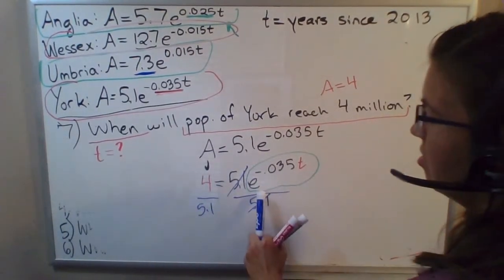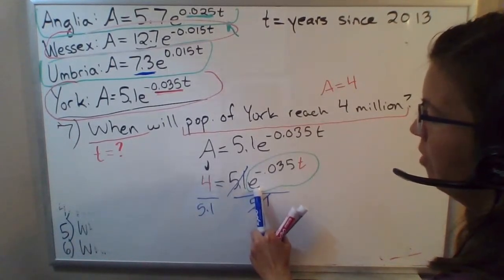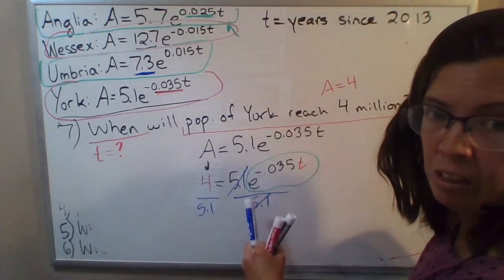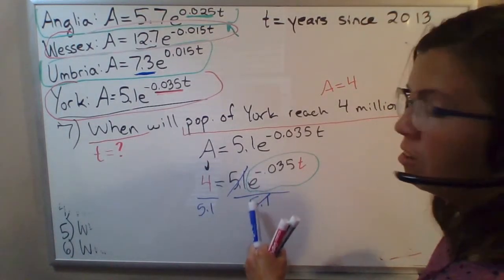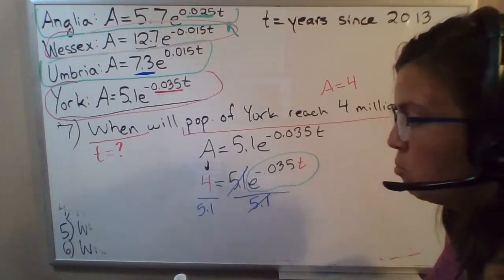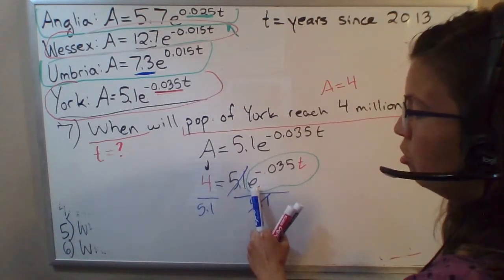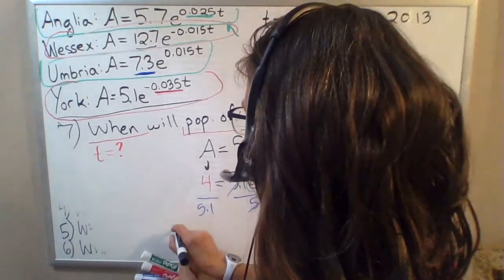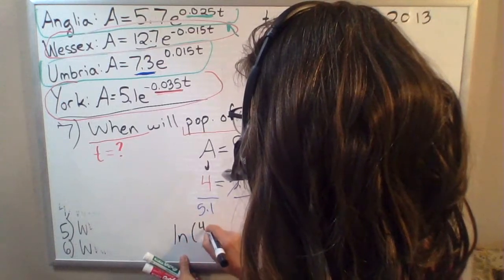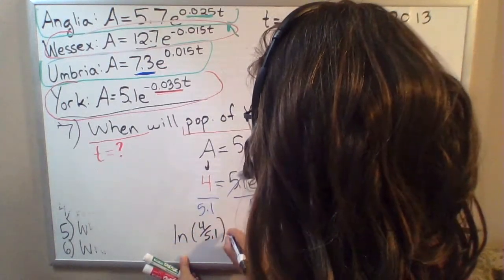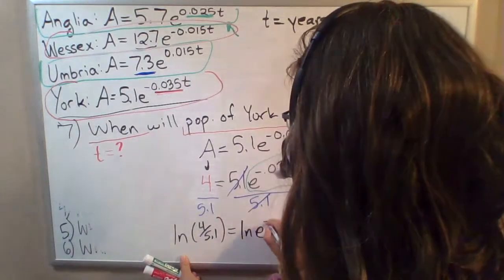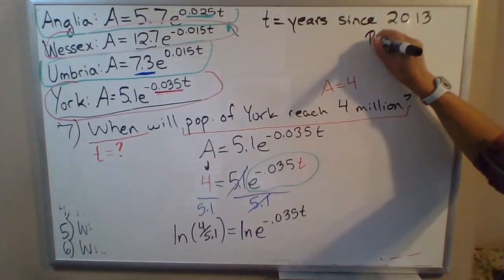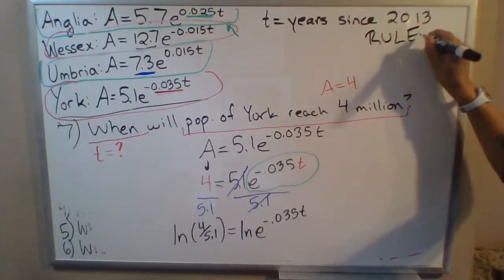Now the next task is to get rid of the exponential expression. In order to do that, we apply the inverse operation. The inverse of an exponential expression is a logarithmic expression with the same base. The log with base e is the natural log. So the next step is to take the natural log of both sides of this equation. There's a really useful property you actually learned a couple of sections ago.